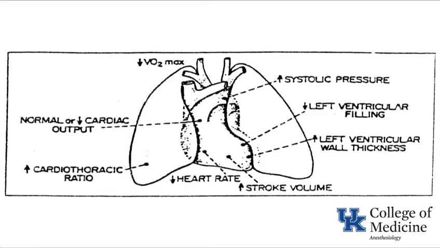So graphically, if we look at this, our VO2 max, our ability to use oxygen goes down. Cardiac output at baseline tends to be normal, but as you stress the patient and increase demands, they cannot meet the same increase in cardiac output that a younger person could. Heart tends to get a little bigger with increase in cardiothoracic ratio on X-ray.